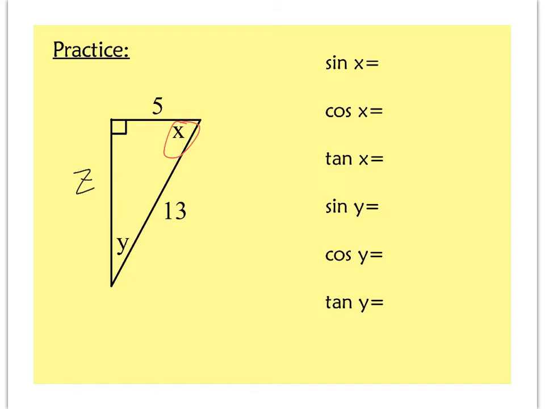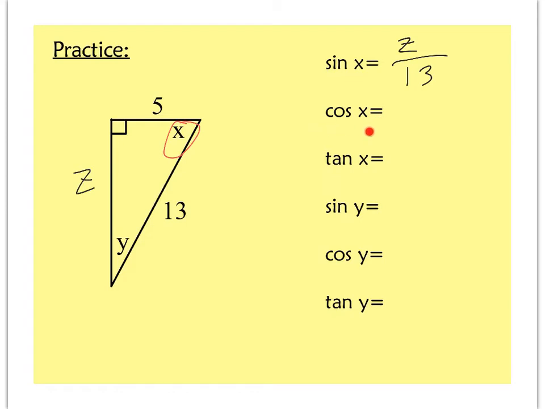So I have an unknown length, so opposite length is z over hypotenuse. Now my hypotenuse never ever ever changes. It's always across from the right angle. So in this case 13. And that's going to be fine because we're actually going to be doing some of those later that have a side that isn't labeled, and we're actually going to be figuring out what that side is, but we're not there yet. Just know that that's coming. So it's fine to have that missing side in there.